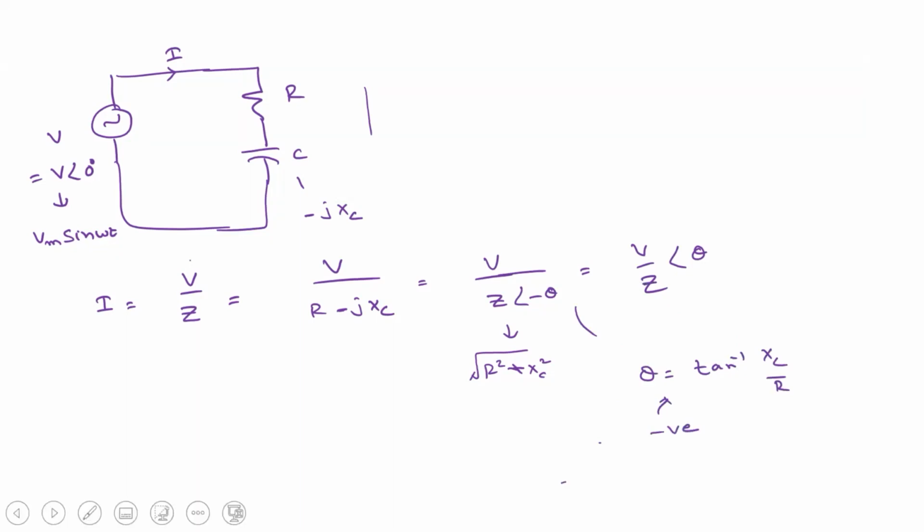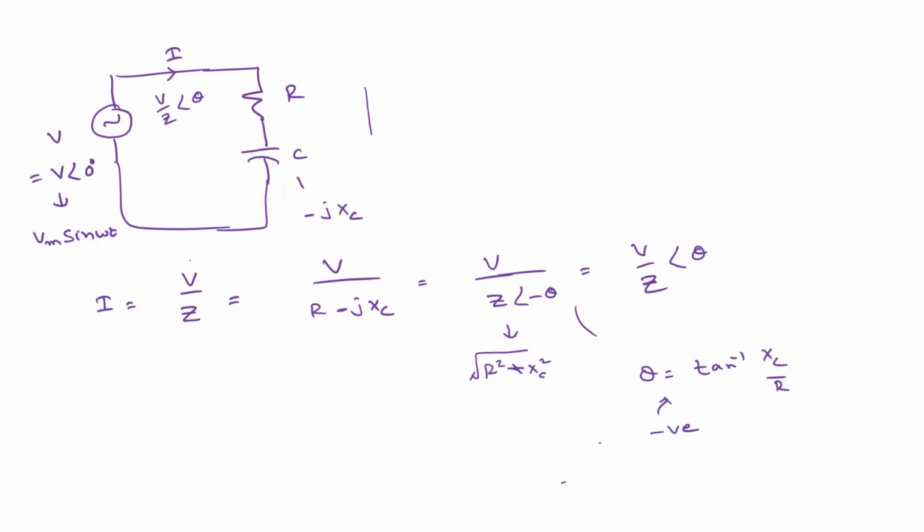That's why, to differentiate the capacitive and inductive elements, I used a minus sign for the capacitive. So now it is V by Z at an angle theta.